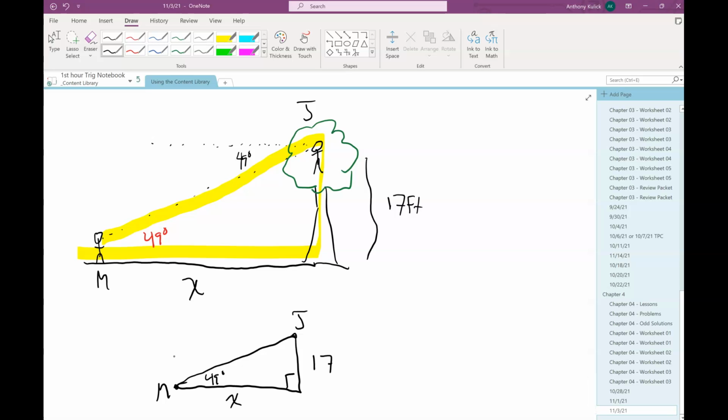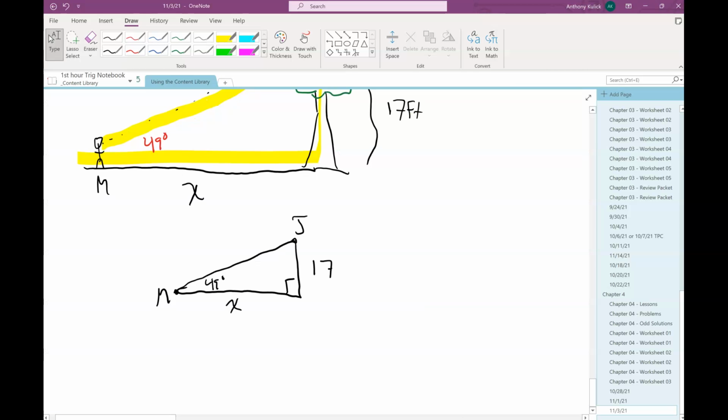Got that? Why could I make it a right triangle? Perpendicular to the ground, yeah. You can assume the tree is perpendicular to the ground. It's not some janky, falling over tree. Most trees are growing perpendicular to the ground. If it wasn't perpendicular, we'd state it explicitly, but that'd be beyond the scope of what we'd be doing in this class right now.